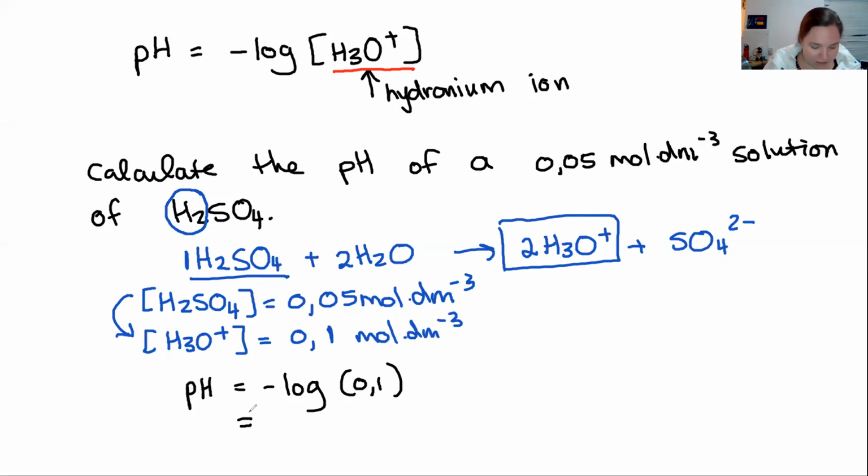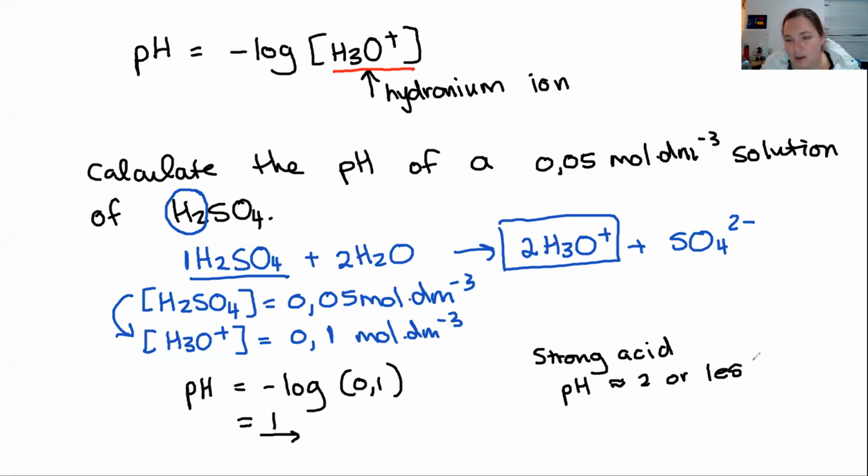So it'll be negative log 0.1, and that gives us a pH of 1. Please note, if it is a strong acid, we usually expect a low pH. So we usually expect a pH somewhere around about 2 or less. It isn't an absolute rule, but it's where we should be.